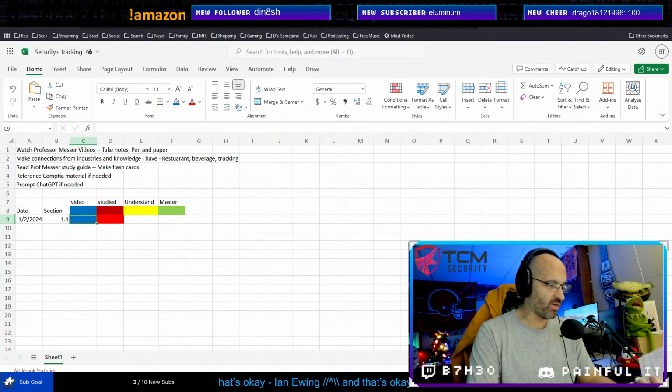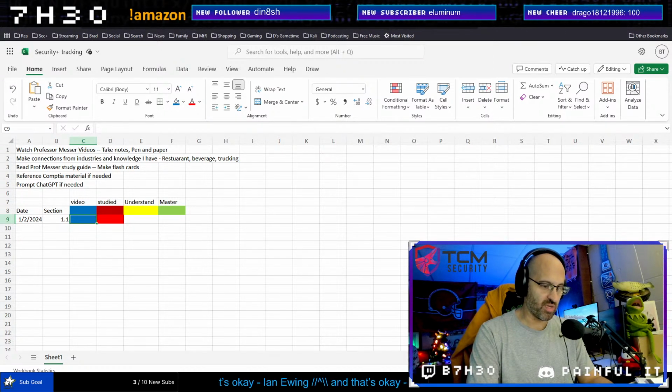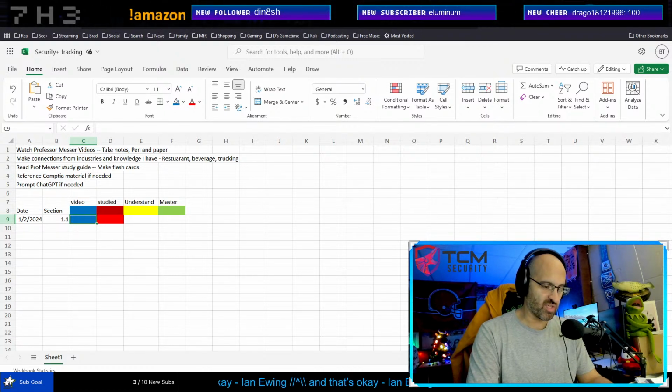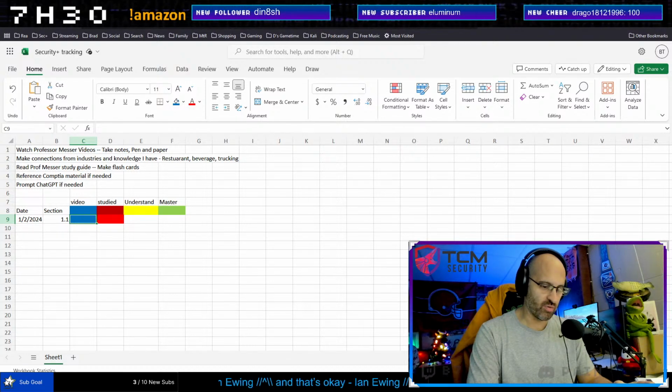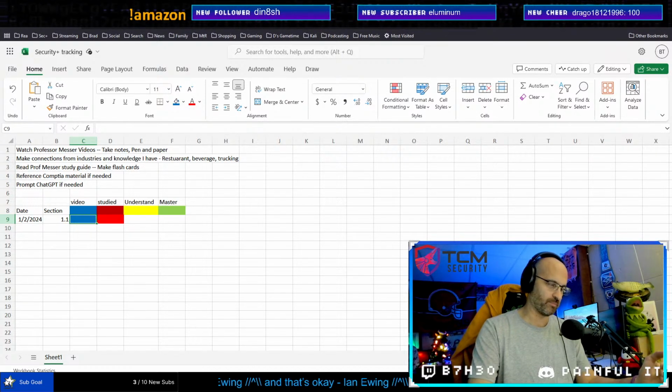A managerial compensating control would be implementing a separation of duties. An operational compensating control would be requiring simultaneous guard duties. A physical compensating control would be a generator used after a power outage.